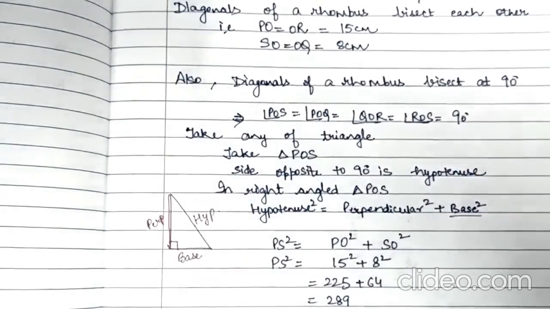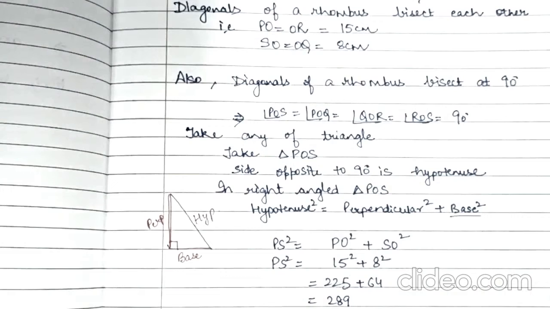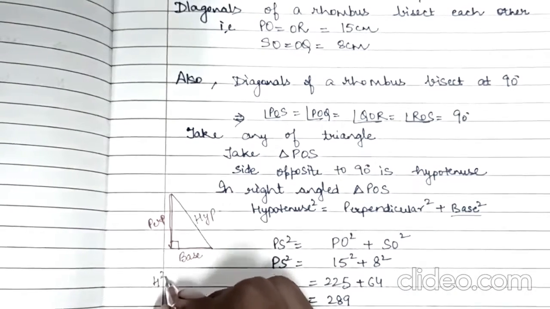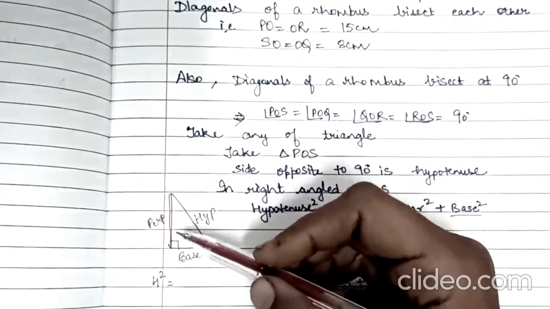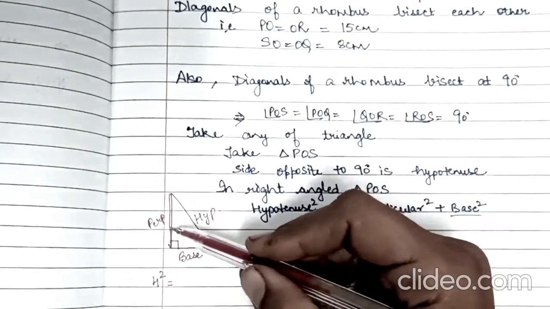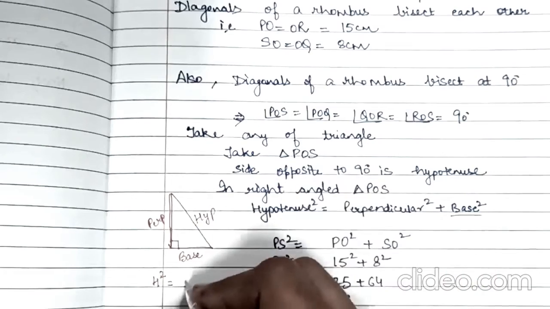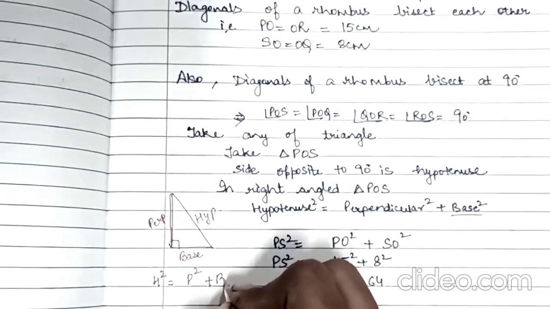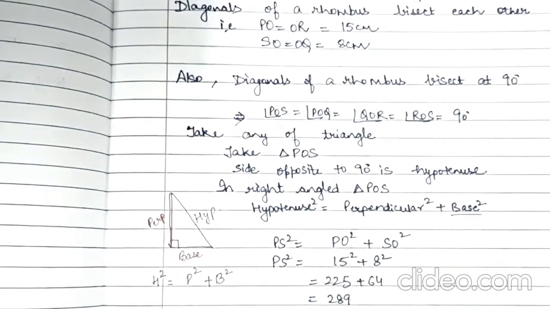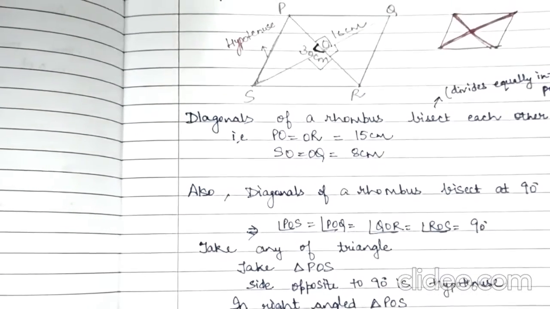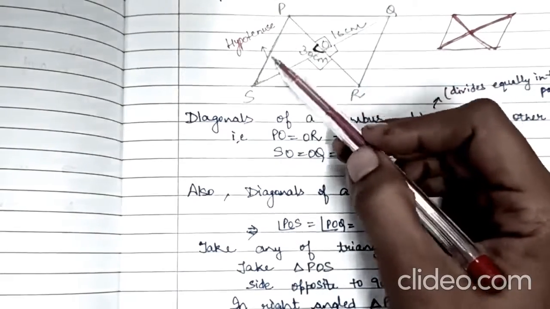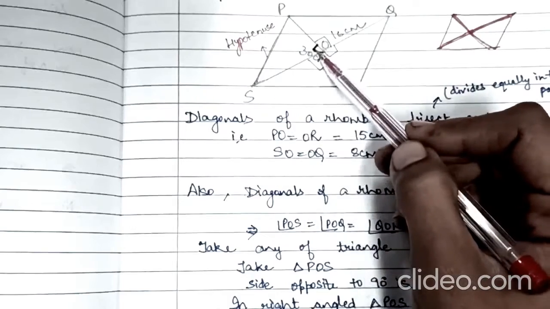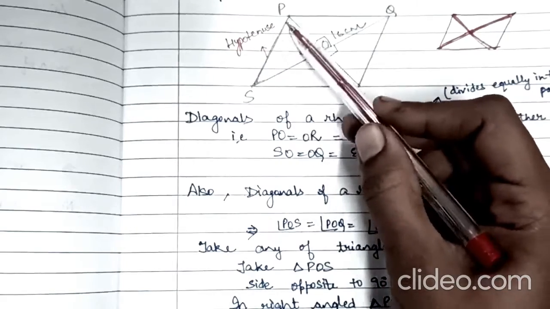So the theorem states that hypotenuse square is equal to the sum of the squares of the other two sides, that is, perpendicular square plus base square. Applying it in this triangle, the side opposite the 90 degree is PS.